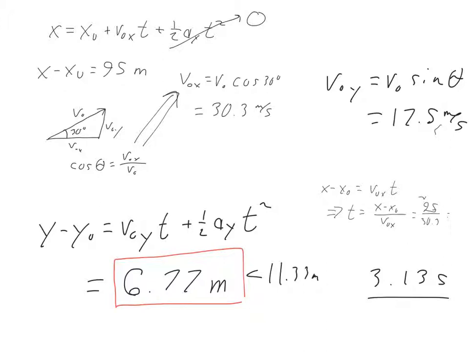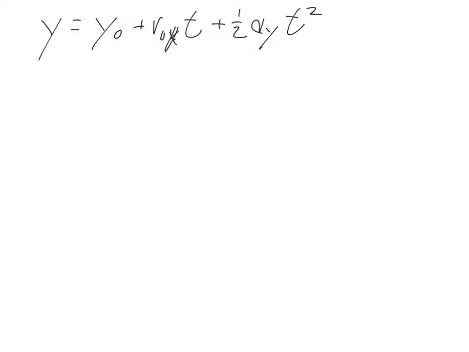Let's now try a reverse way and see what we could do if we started from the y position. So let's start with the displacement equation for y. What we know is we are ultimately wanting to use this same equation and try to figure out what time it is when the ball is at the height of the Green Monster.